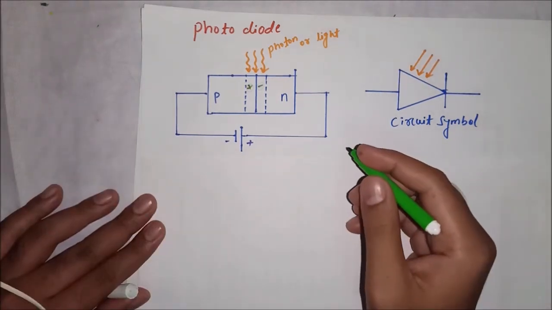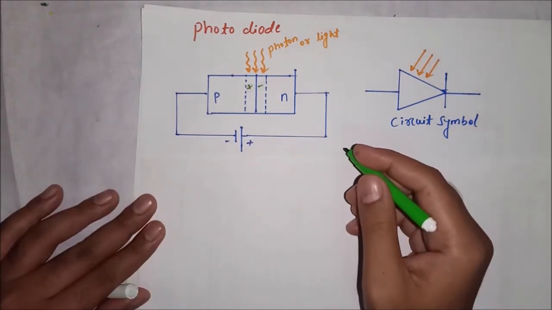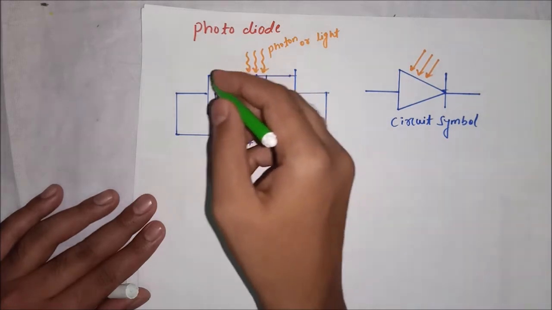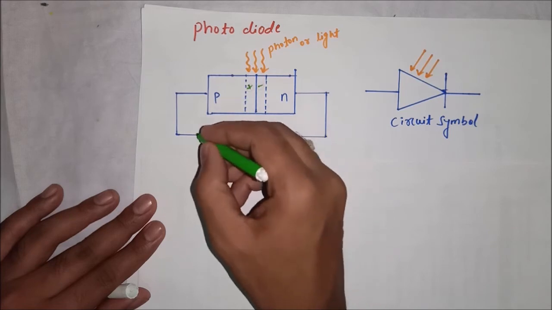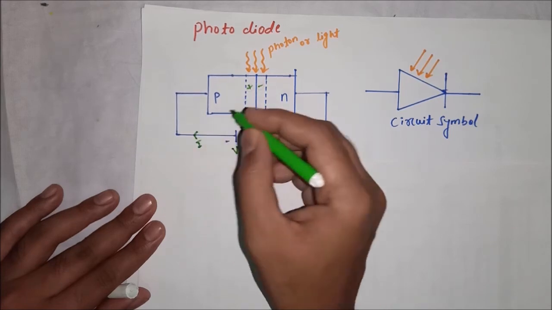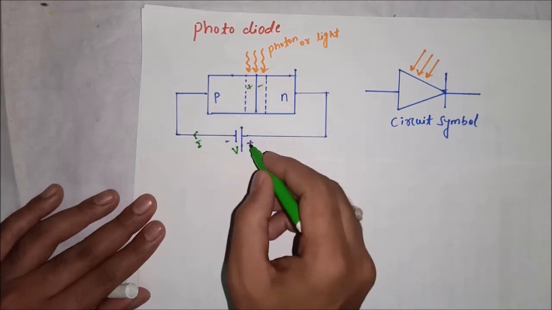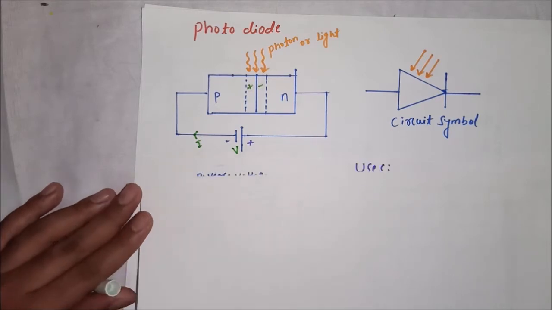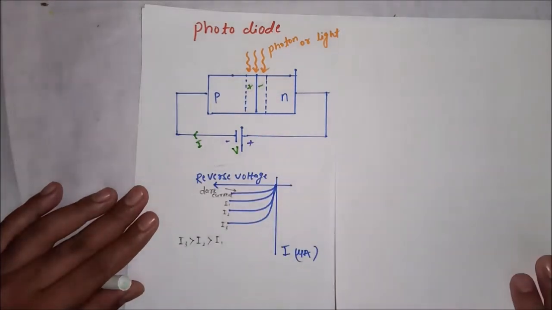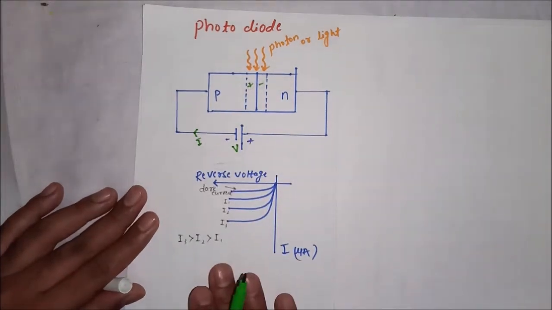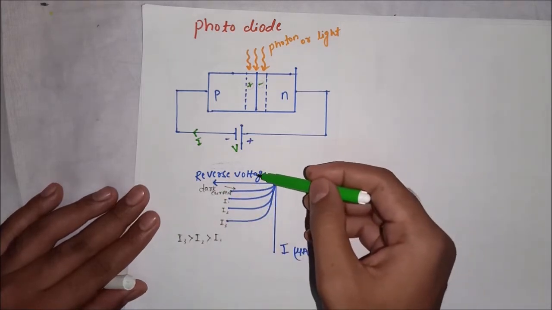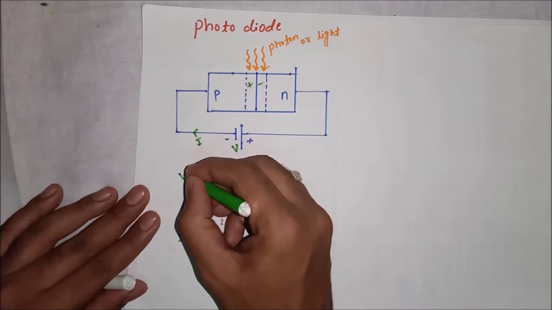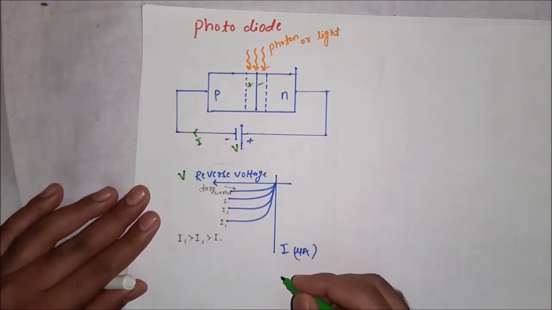Next, we will see the VI characteristic of photodiode. Voltage and current characteristic. How the voltage and current varies. Okay, here the diagram is there. So we have taken in VI characteristic the voltage along x-axis side and current along y-axis side.